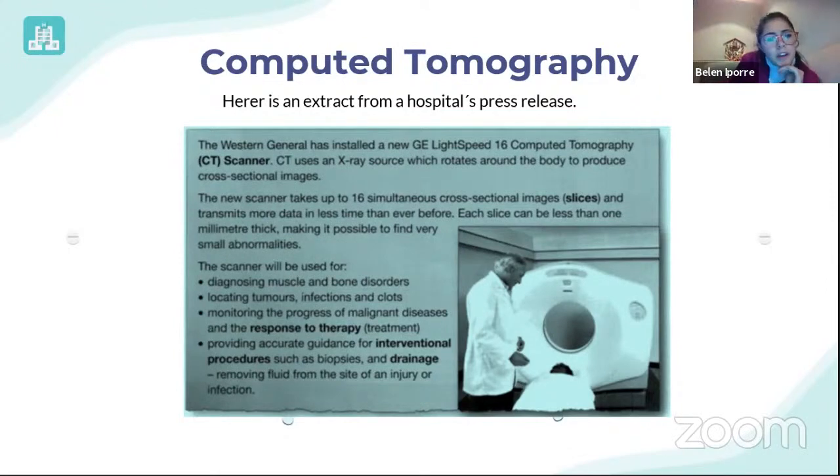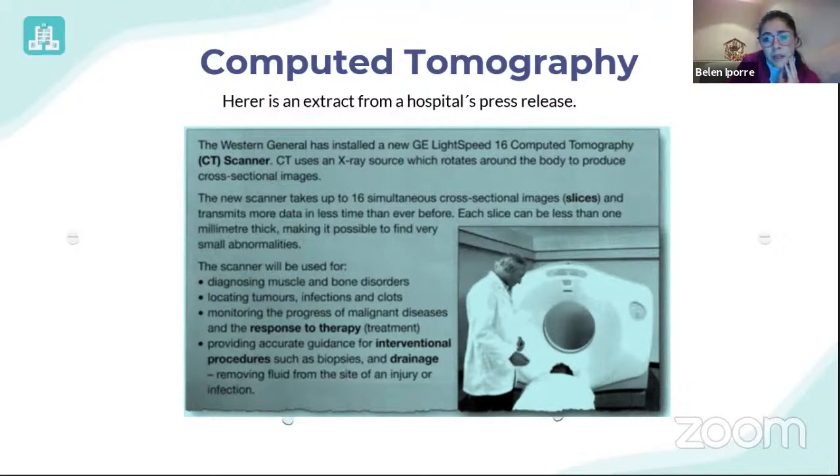Okay. Here is an extract from a hospital's press release. The Western General has installed a new GE Lightspeed 16 computed tomography CT scanner. CT uses an X-ray source which rotates around the body to produce cross-sectional images. The new scanner takes up to 16 simultaneous cross-sectional images, slices, and transmits more data in less time than ever before.